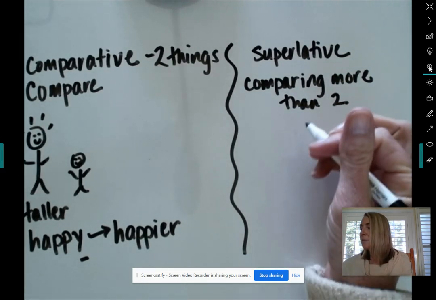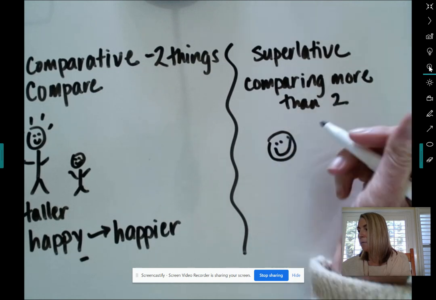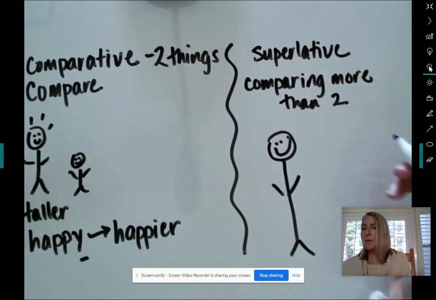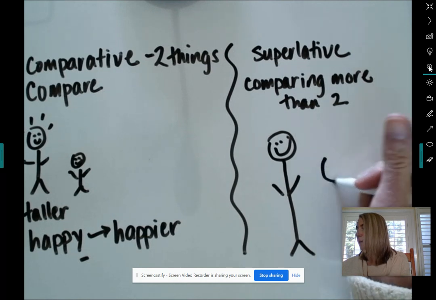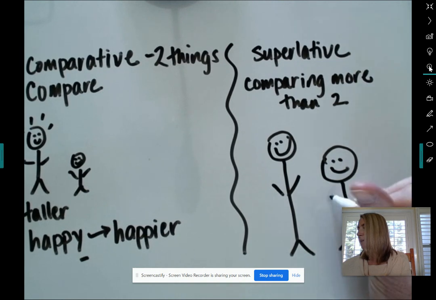So if we had three people, right? So let's make this person, wow, really happy and really tall. And then we have this person who's pretty happy and kind of tall.